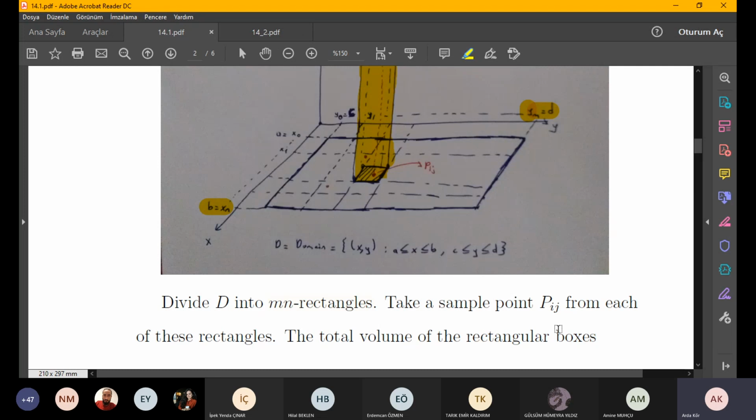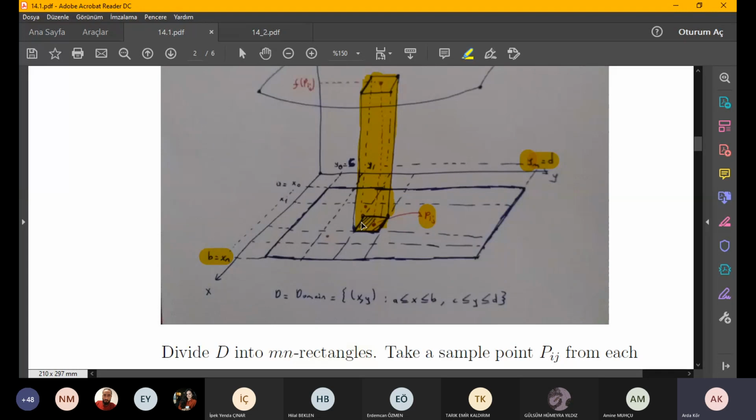And if you take a sample point P_ij from each of these rectangles, this makes the possibilities of Riemann sums here, and the volume of the rectangular boxes. So the height of any rectangular box will be f(P_ij).